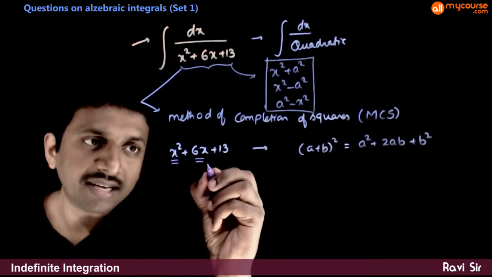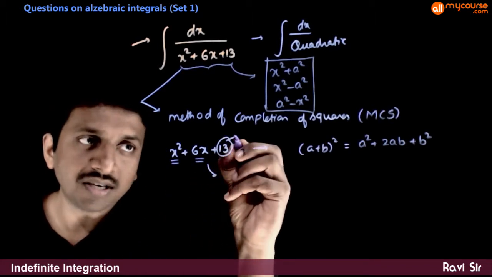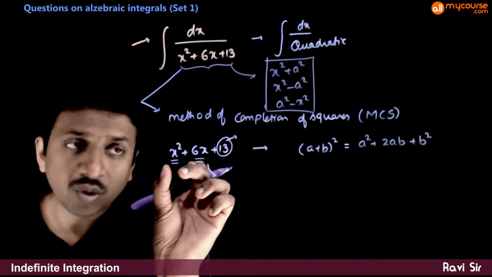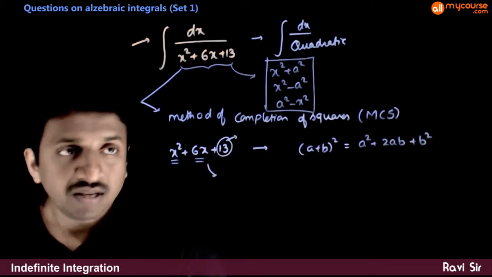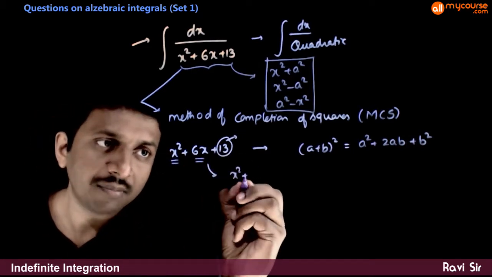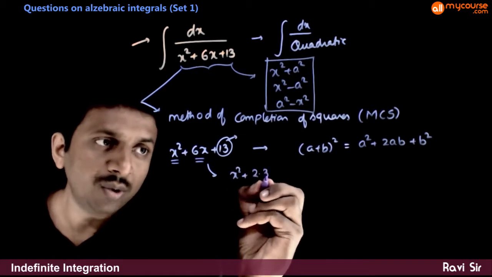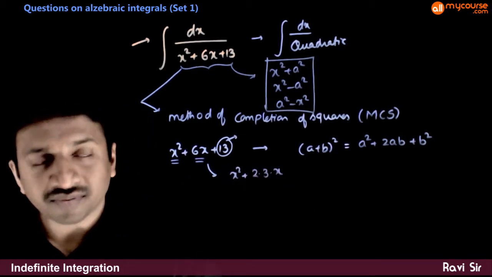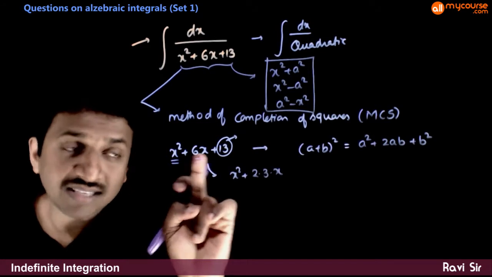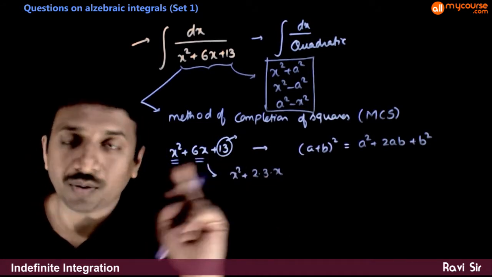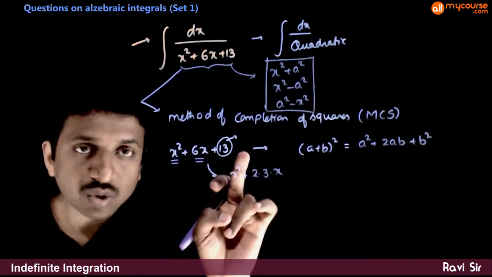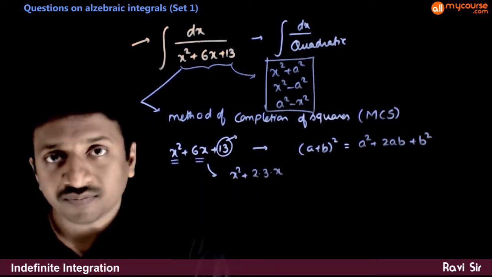First neglect the constant, just observe the x square term and the x term. So this looks like x square plus 2 into 3 into x, right? 6x can be written as 2 into 3 into x. So this looks like a square plus 2ab.